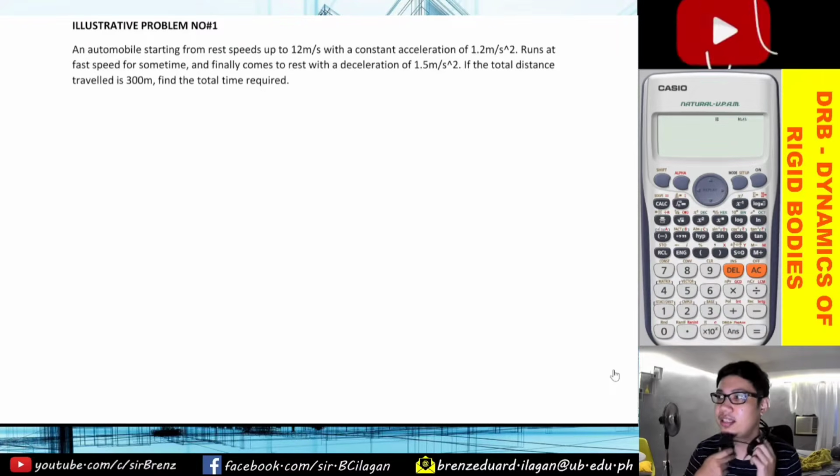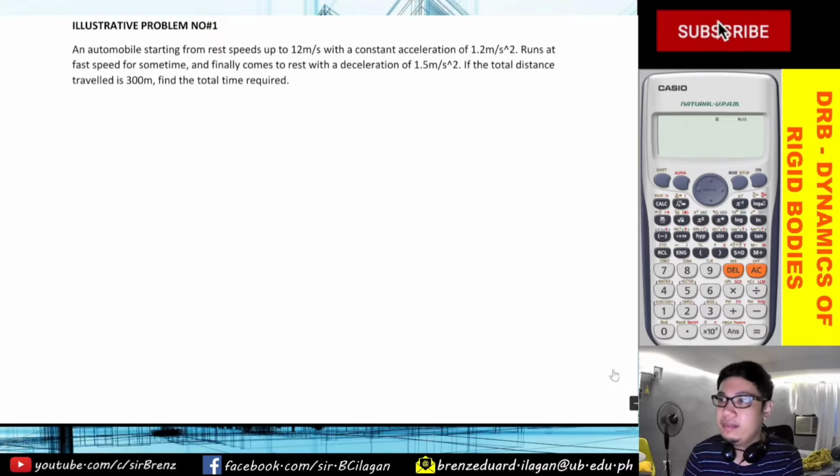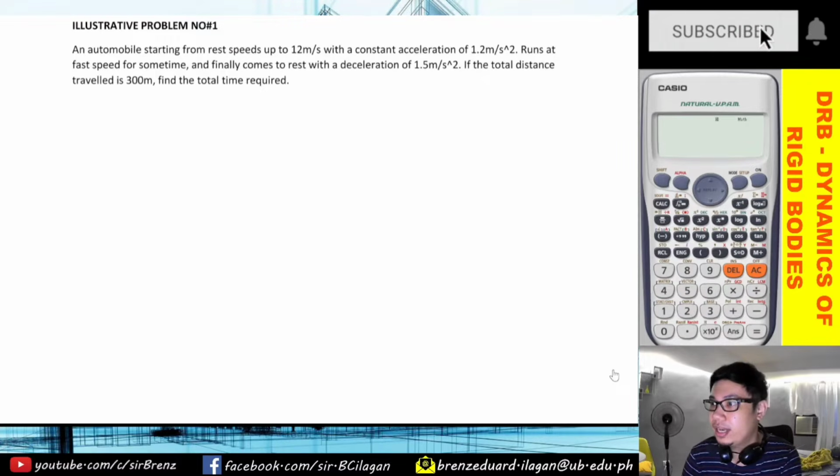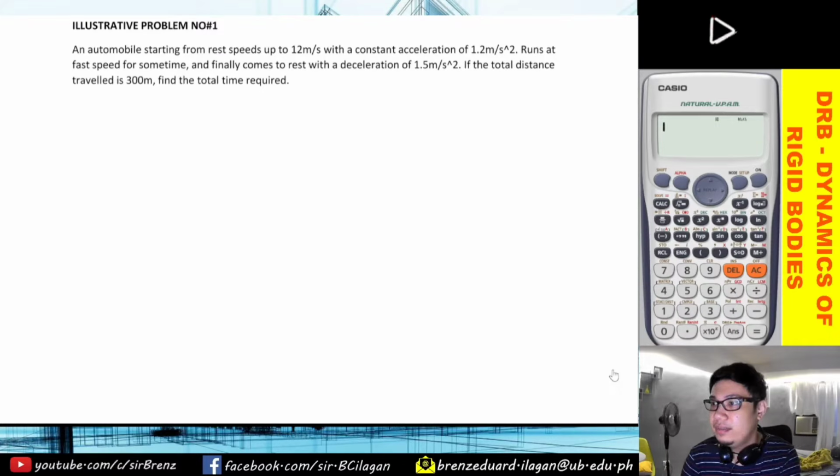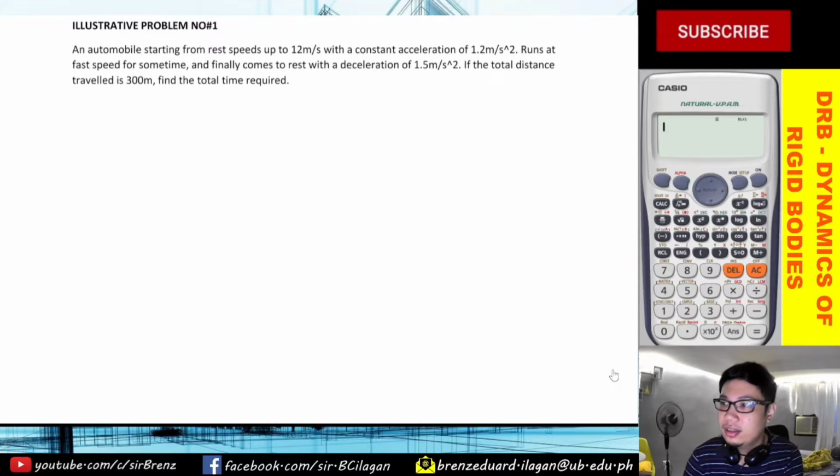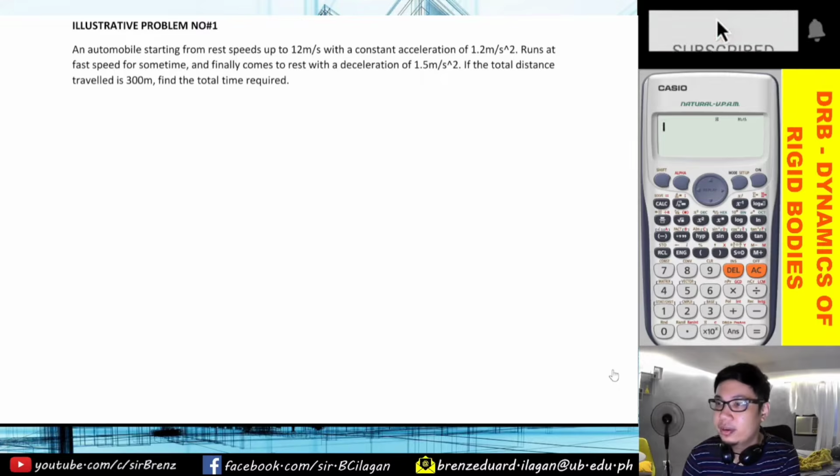So it runs at this speed for some time and finally comes to rest with a deceleration of 1.5 meters per second squared. If the total distance traveled is 300 meters, find the total time required.